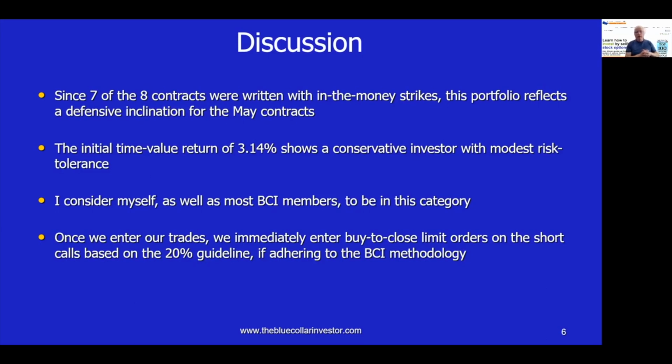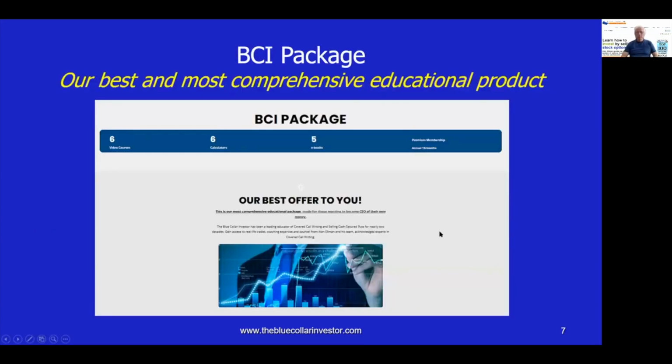And if they're not executed by mid-contract, we change those 20% thresholds to 10% thresholds. And that will give us protection if share price declines to the point where it's dragging down the option premium value, and we can then close that initial short call and still retain 80% to 90% of the initial time value premium that we generated.